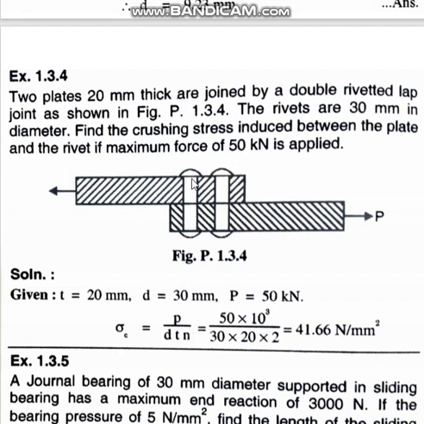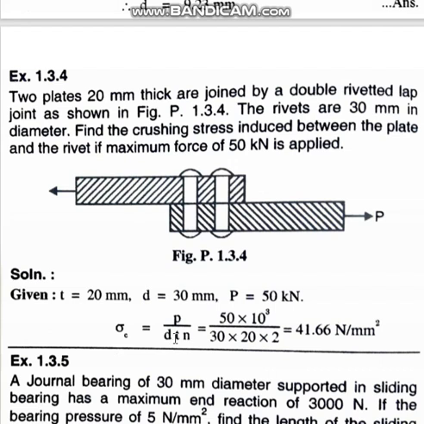Here also it is getting crushed, here also it is getting crushed, so two rivets into the area d into t. Now the crushing stress sigma c is load upon area. Load is P. This P is capital P, and area is for one rivet dt, for two rivets dt into 2, that is dtn, dt into 2. That is the meaning.